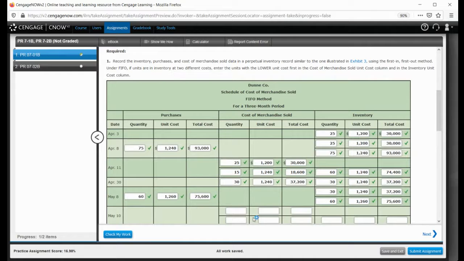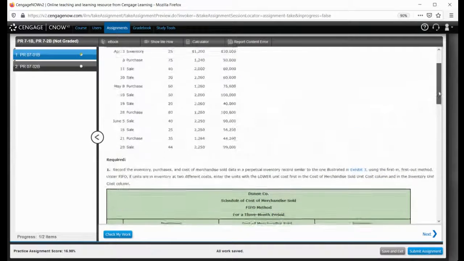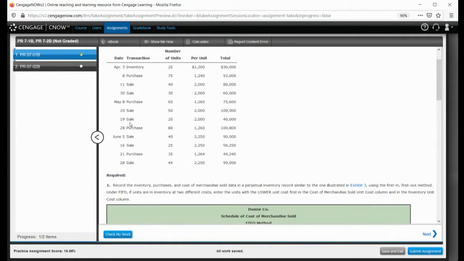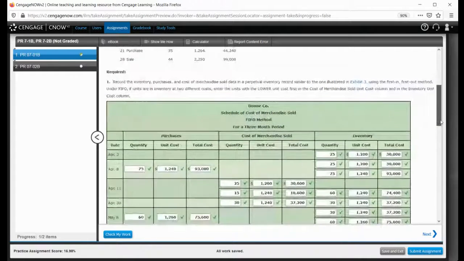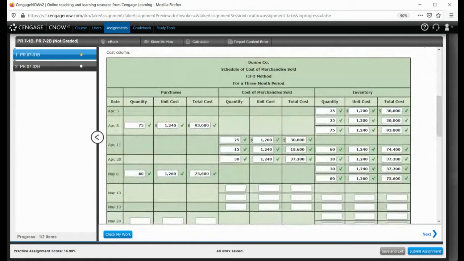So, because we don't know what the amount of the cost of merchandise sold is, we have to determine that. And what you need to know is that in the May 10th transaction, we sold 50 units. So we're going to have to figure out what the cost of those 50 units are from the previous information about our ending inventory that we had looked at.